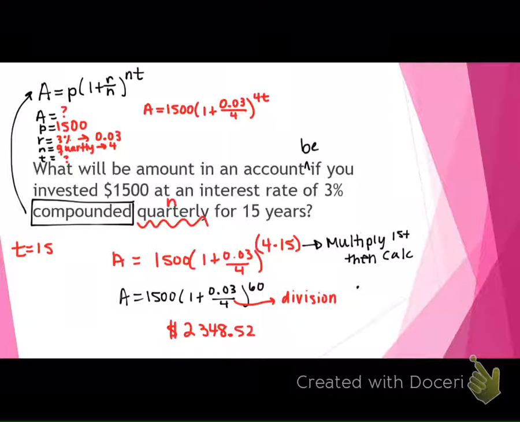Then you can replace that with 1.0075. So you'll do 1,500 times 1.0075 raised to the 60, and then you should be able to go from there. Inside is 1.0075, and you should be able to do it from there.